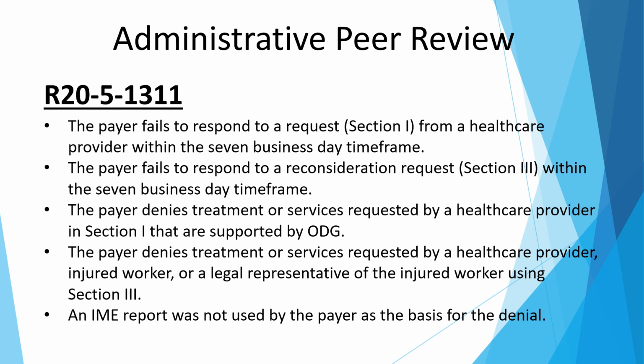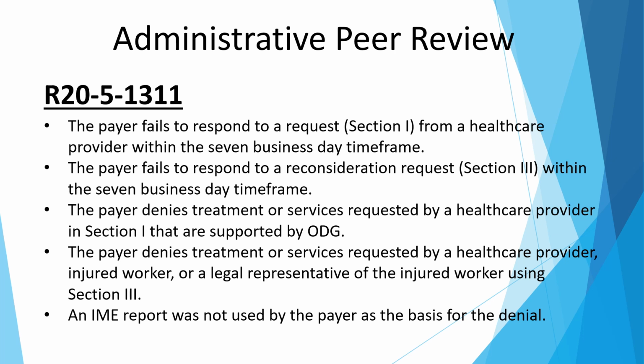Let's talk about the next part of the treatment guidelines, and that is the administrative peer review. So if a healthcare provider, or in some cases the injured worker, if they submit a pre-authorization form, they can go to administrative peer review if each of the following criteria or one of the following criteria are met.